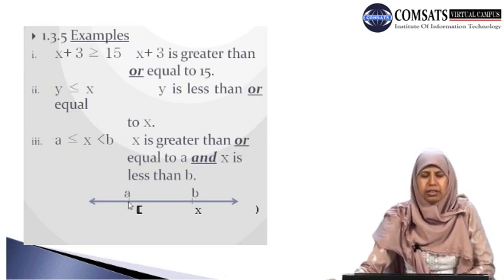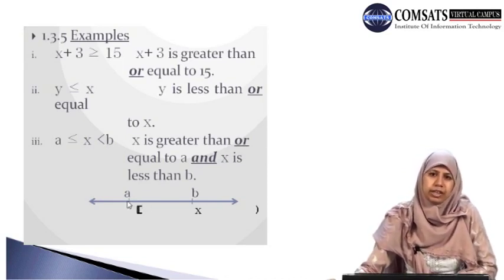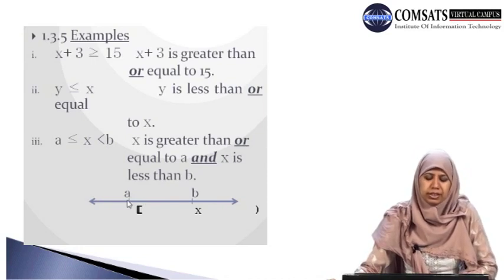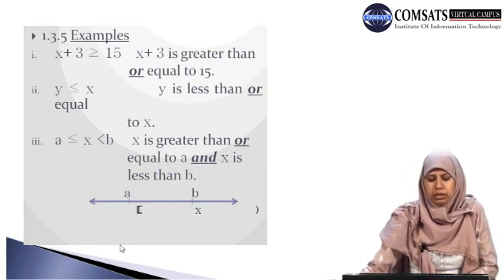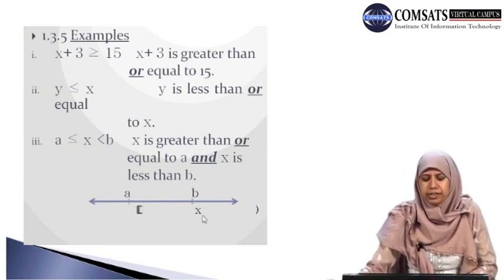Then definitely a will lie on the left side of x. The second condition we know about x is that x is less than b. Then definitely b will lie on the right side of x, which means that we have this kind of interval, that is, x lies between a and b.